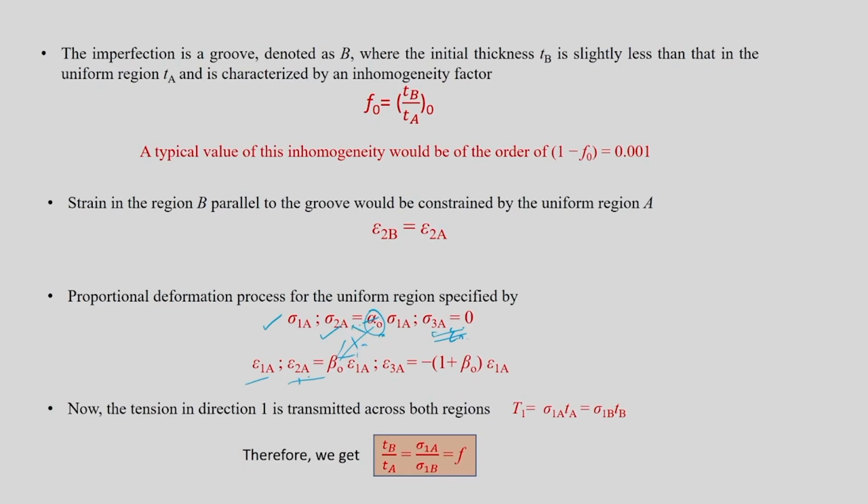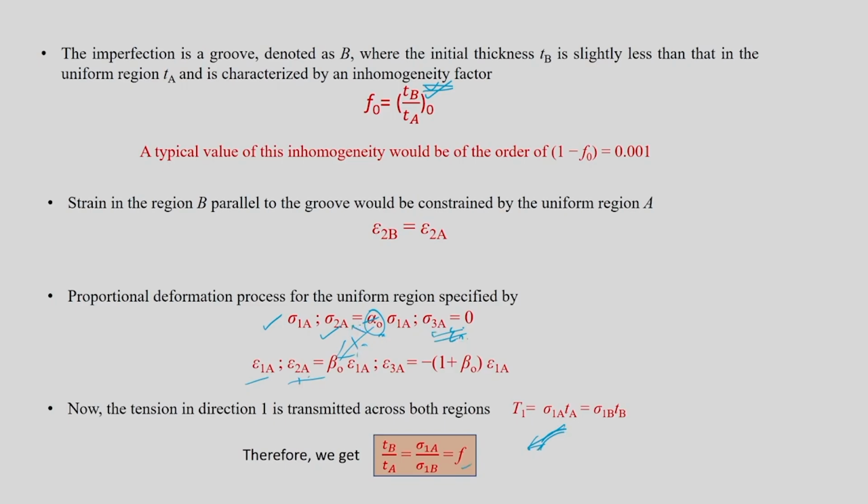Now this T1 is nothing but sigma 1a Ta, which is nothing but sigma 1b Tb, correct? It will be transmitted to both regions A and B, and this leads to this particular equation. We can say Tb by Ta, which is what we want, would be equal to sigma 1a divided by sigma 1b, which is nothing but my F, or you can say F naught also.